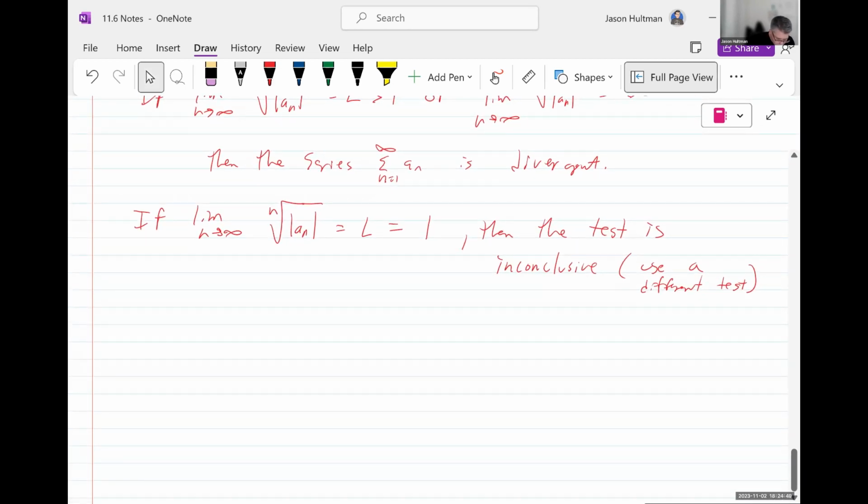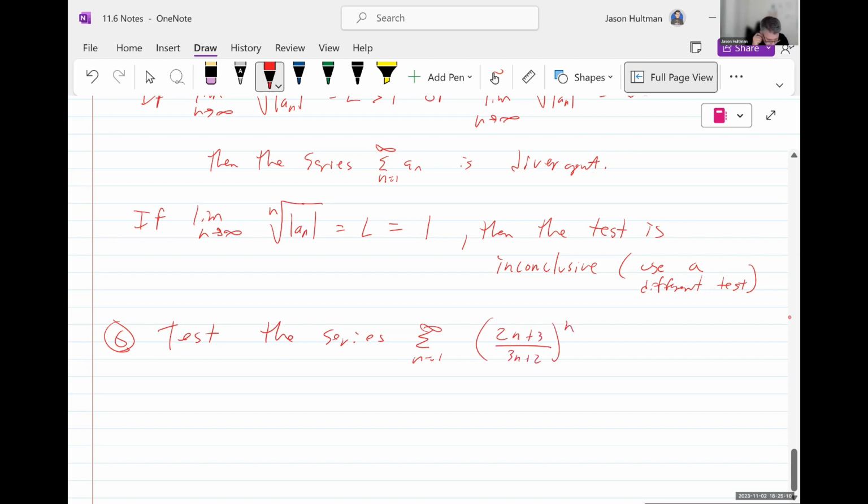Okay. Let's look at number 6. Here, test the series summation n equals 1 to infinity of 2n plus 3 all over 3n plus 2 to the nth power.